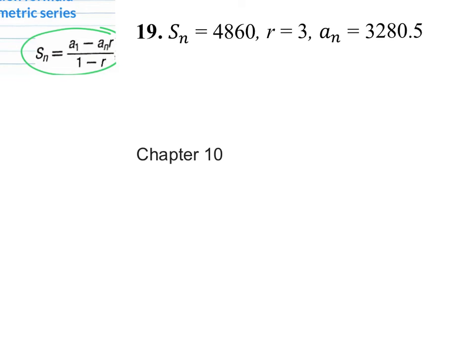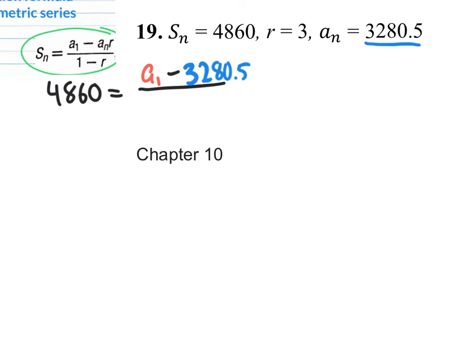So we will have 4,860 equals the fraction a sub 1, which we don't know, the first term, that's what we're actually trying to solve, minus a sub n, and they give us a sub n being that value right there. Plug in this 3,280.5 right here.